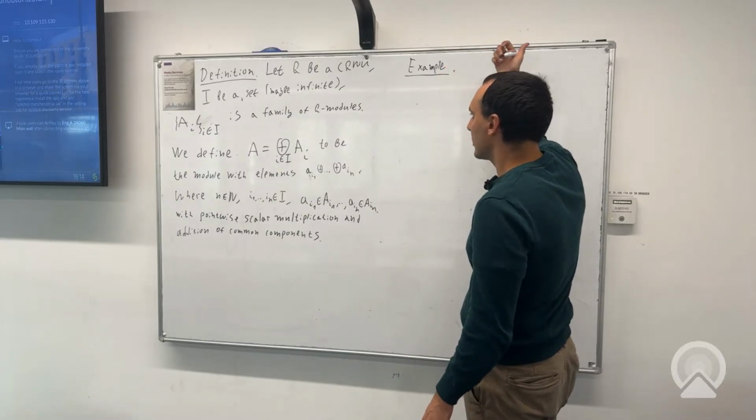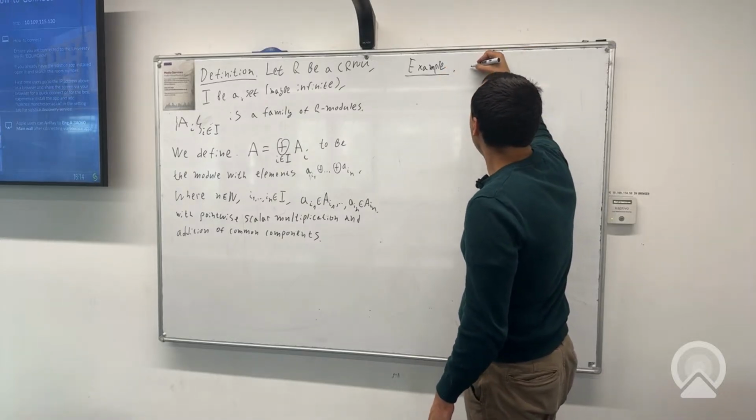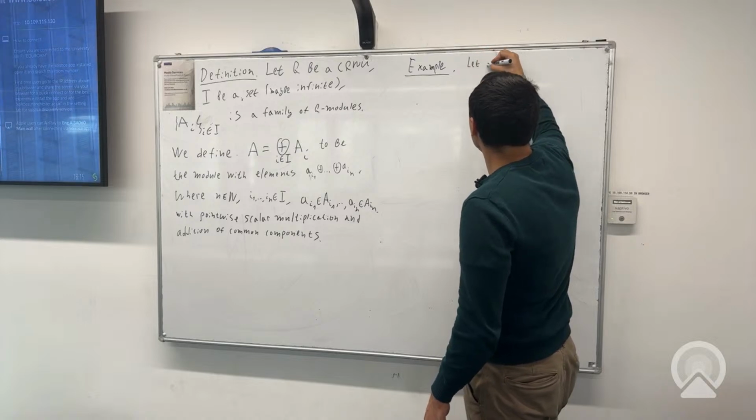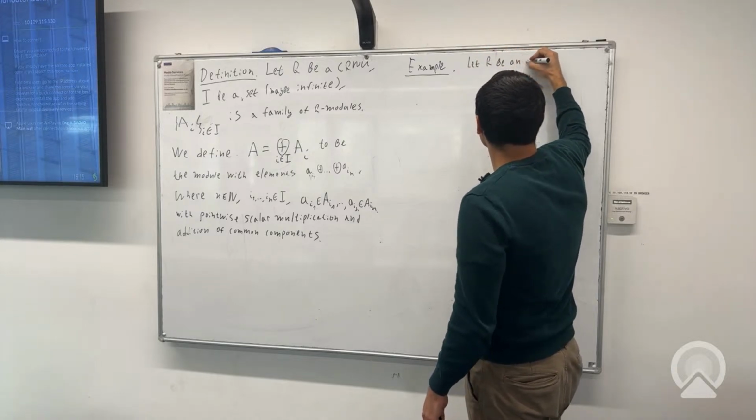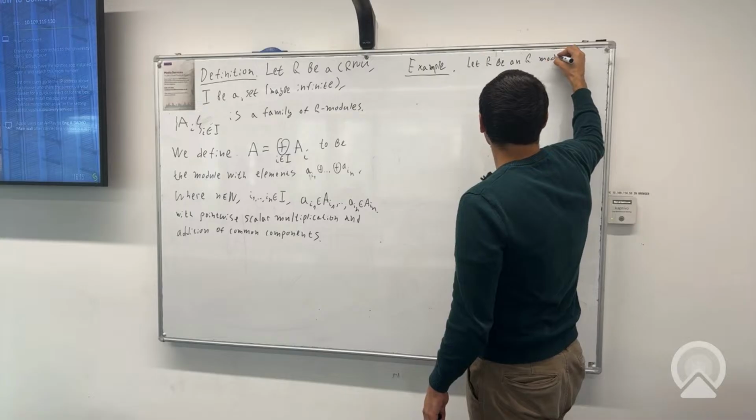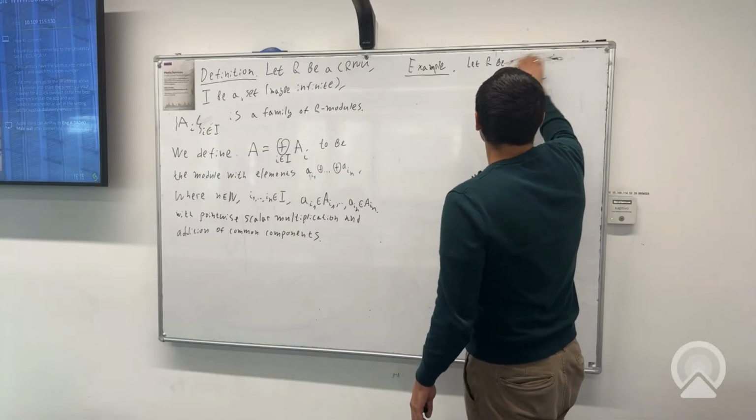So first of all, let R be a commutative ring with unity.